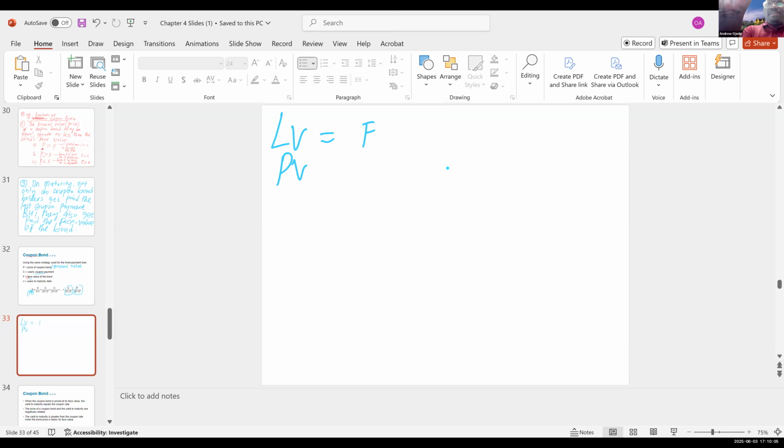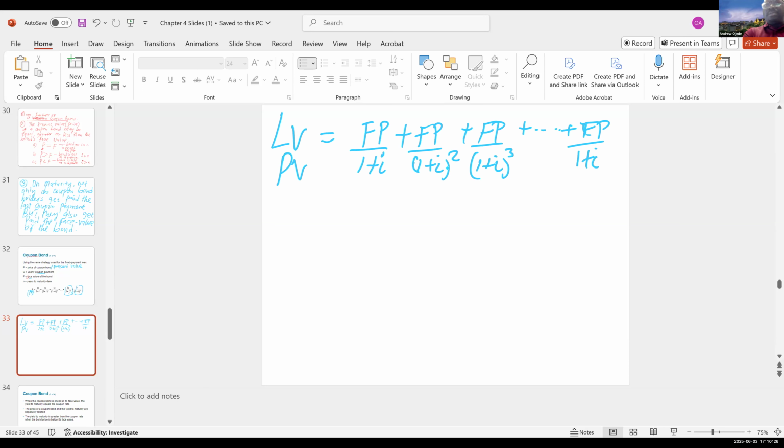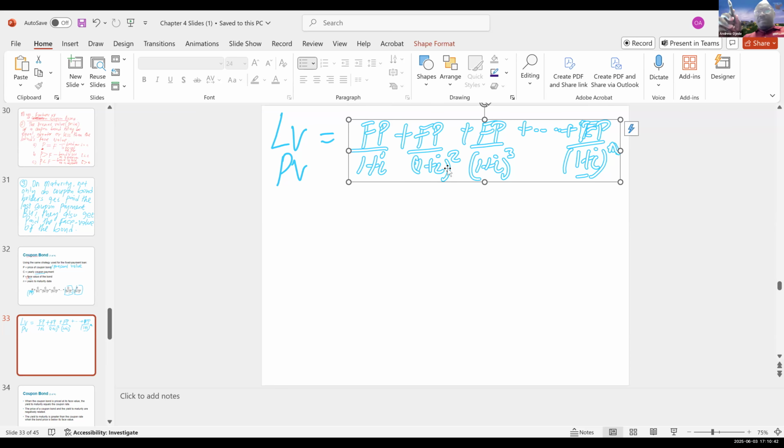You take fixed payment over 1 plus i, plus fixed payment over 1 plus i squared, plus fixed payment over 1 plus i to the power 3, and this goes up to fixed payment over 1 plus i to the power n. A fixed payment loan has no future value. By the way, the face value of a bond is the same thing as future value. We talked about this already.